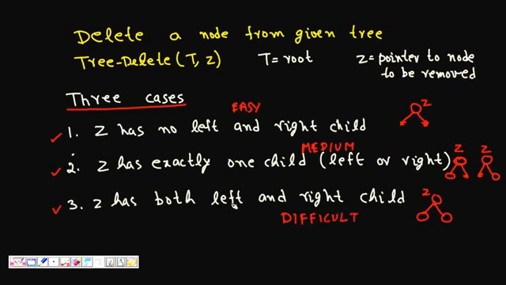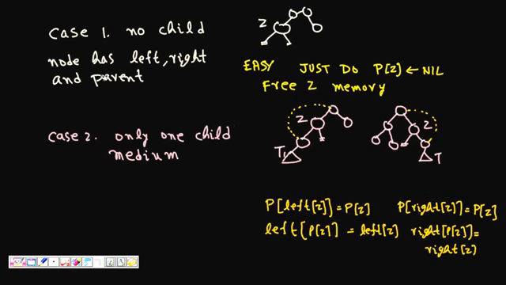The first case is very easy: Z has no children. This is the parent of Z, and Z can be the left child of its parent, or it can be the right child. In tree deletion, a node has three pointers: a left child, a right child, and a parent pointer.